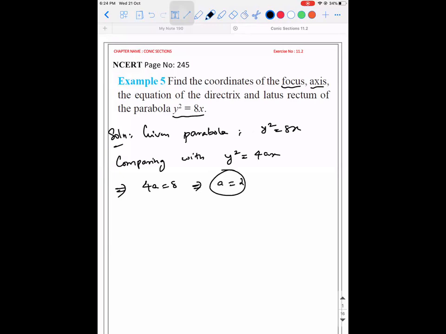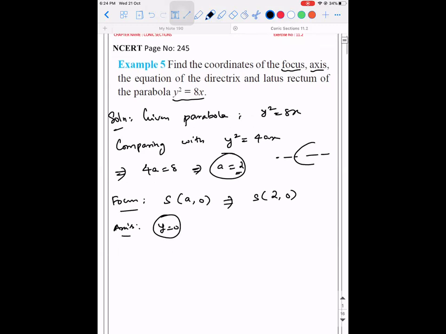Now tell me guys, what is the focus point? a comma 0 implies S is 2 comma 0 because a is 2. What is the axis? y square is equal to 4ax is like this. What will be the axis? It is the x-axis. X-axis means y is equal to 0.